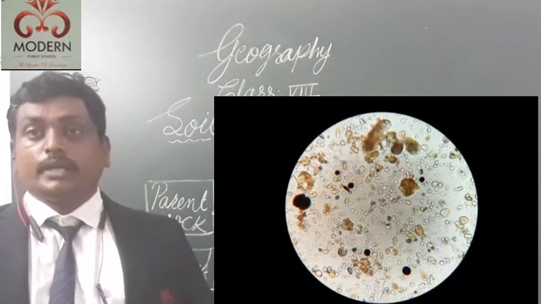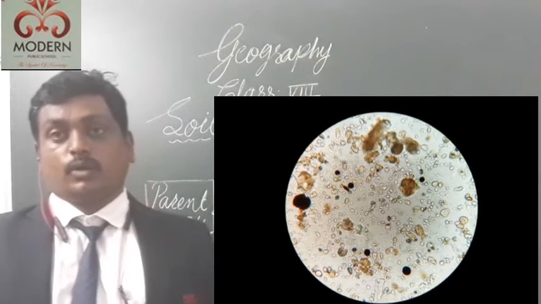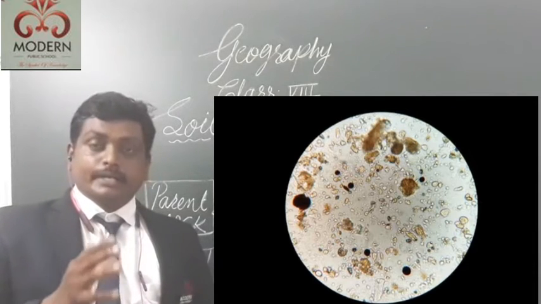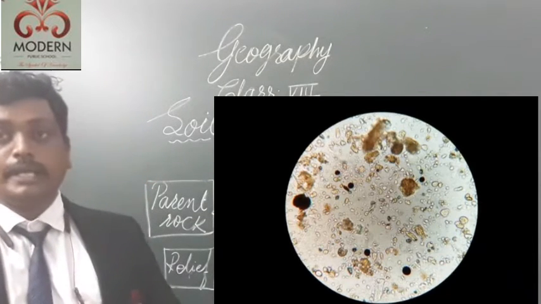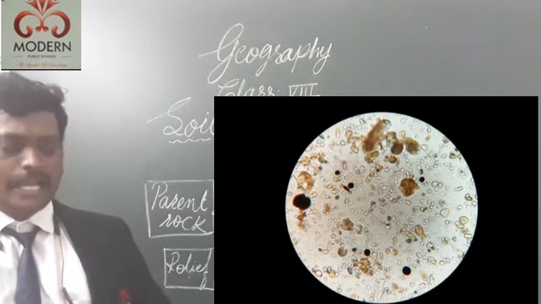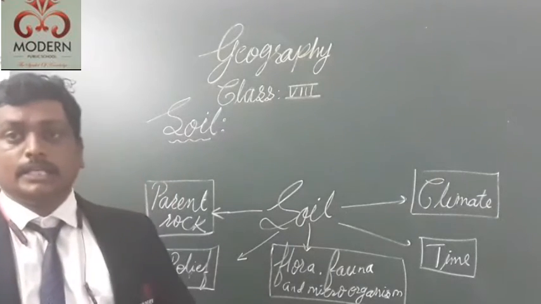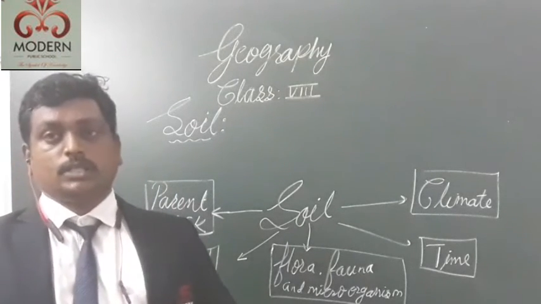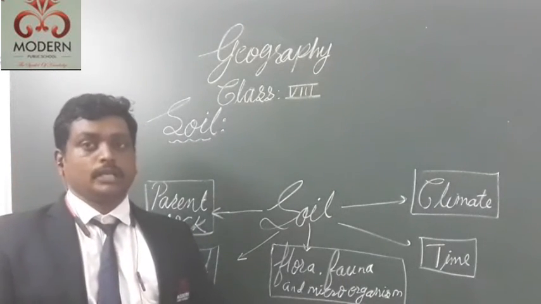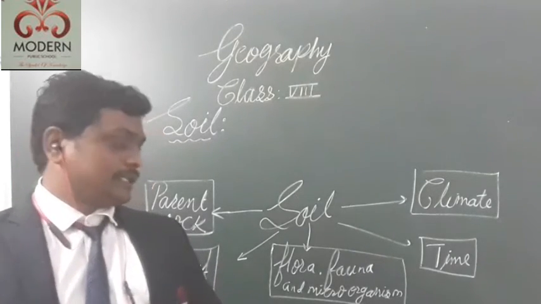If we go to Maharashtra, we find particular kinds of crops grow. If you go to the north, they grow different kinds of crops. The reason is that different kinds of microorganisms already exist in the soil, and they help the plants and crops grow. So microorganisms depend on the soil. This is a very important point: flora, fauna and microorganisms.